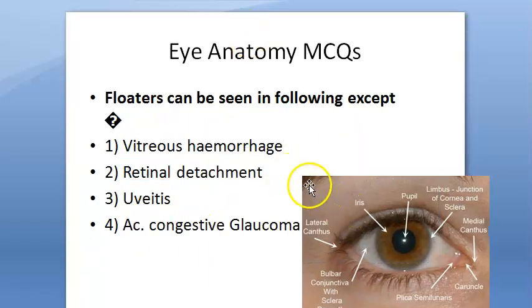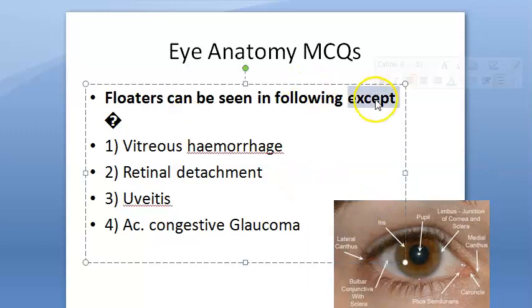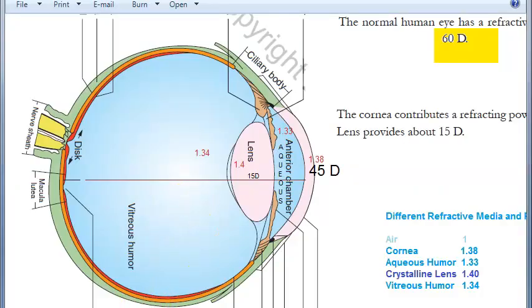Next question here: floaters can be seen in the following except. This is an except question. Vitreous hemorrhage, retinal detachment, uveitis, acute congestive glaucoma. Let's understand one by one. One option is that in the vitreous there will be hemorrhage.